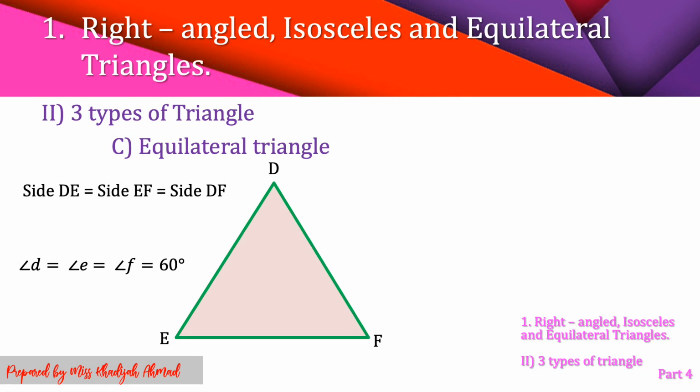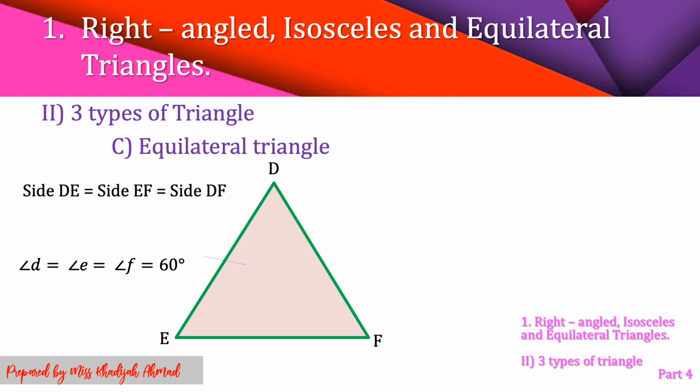And finally, the third one, equilateral triangle. Notice that the word equilateral has equi, which comes from the word equal, and lateral here means line. The name itself means equal lines because all of its sides are equal size.